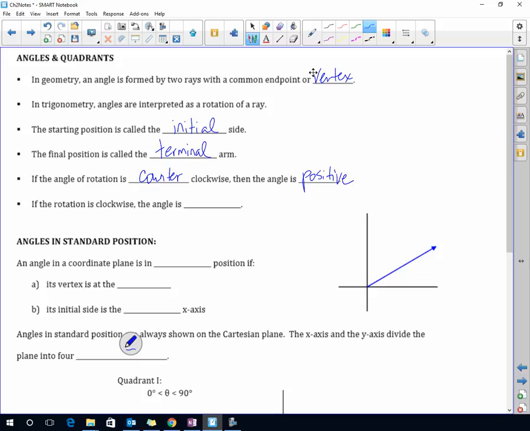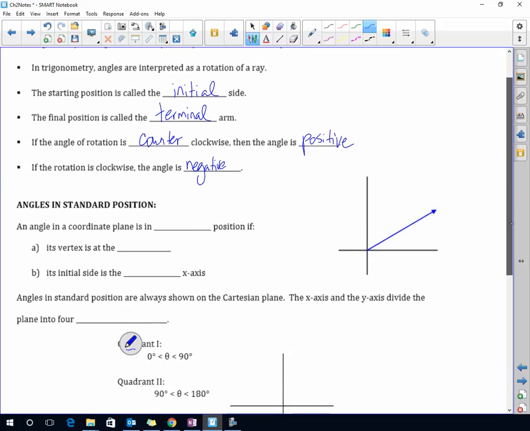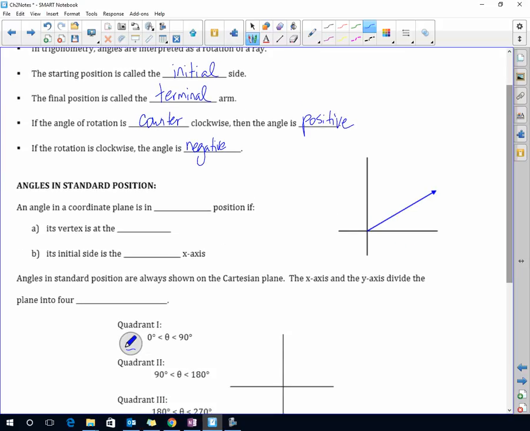So the initial side, an angle is considered in standard position. Well, let's just fill in these blanks. An angle in a coordinate plane is in standard position if its vertex is at the origin. The origin, of course, is (0, 0).